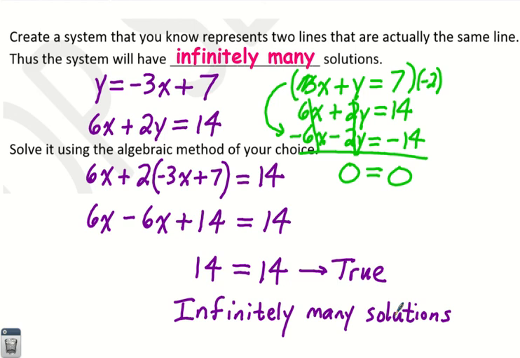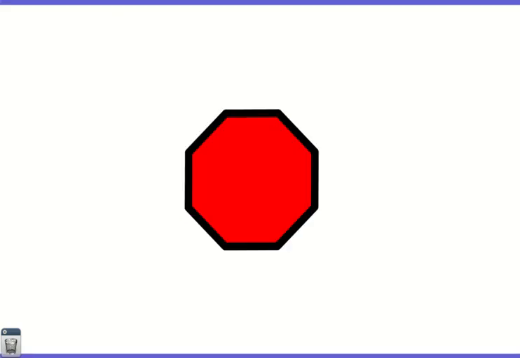But anyway, that's what happens. Remember, if the variables totally go away and you end up with something that's false, then you say that there's no solution at all. But if you end up with something that's true, you say that there's infinitely many solutions.